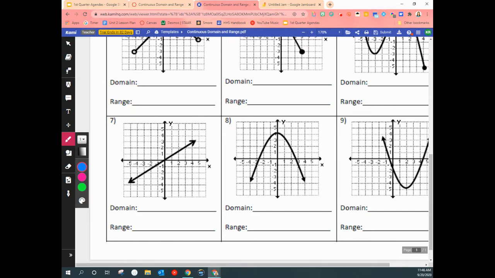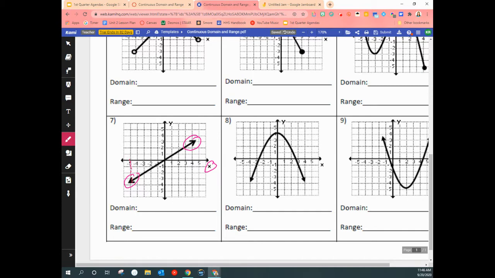So I want you to look at number 7 first. What do I do here? I have to figure out my farthest endpoint. How far does my graph go left and right? Because that's x, right? We're going left and right here for x. Well, I've got arrows on the ends of my graph. What does that mean? Does my picture stop right at this point?